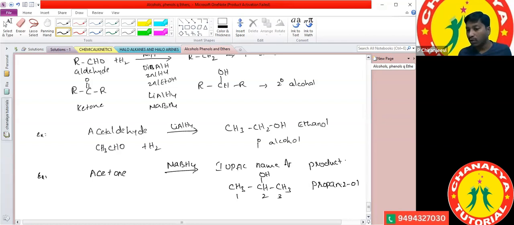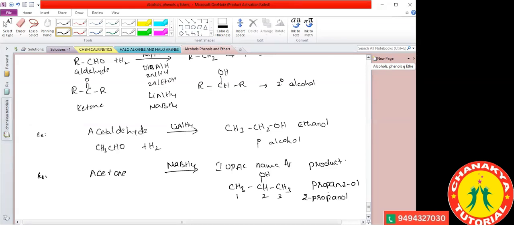Propane-2-ol, also written as 2-propanol. So now we got the clarity. Does anyone have any doubt? No, sir, got it. Okay, next one.